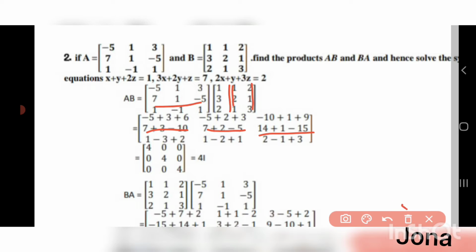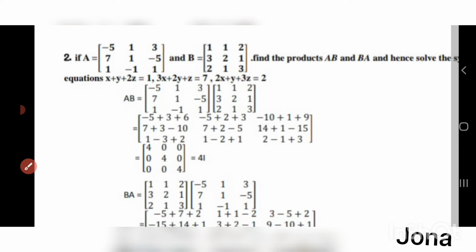Then third row, first column, third row, second column, third row, third column. Then simplify all the things. We have 4, 0, 0, 0, 4, 0, 0, 0, 4. That is nothing but 4I.